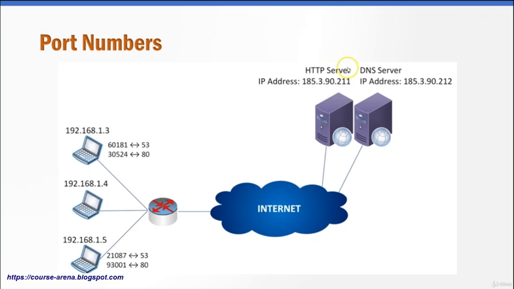So when the HTTP server sends packets to this host over here, it's going to use destination port 30,524, and when the DNS server sends a packet to this host, it's going to use destination port 60,181, while both of them use the same destination IP address. So that's the point of port numbers. We distinguish different services or different applications running on a certain host.